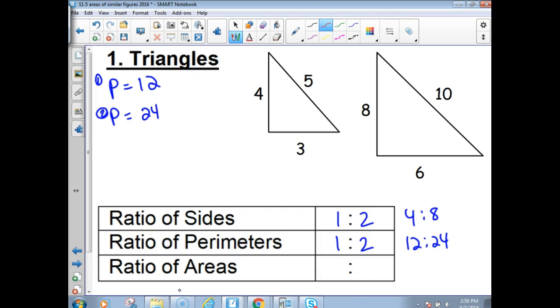Okay, next I want to talk about the ratio of the areas. So I'm going to find the area of the first one, and I'm going to find the area of the second one. Now, I'm going to remind you that the area of a triangle is base times height divided by 2. So the base is 3, the height is 4, so the area of this triangle is 3 times 4 divided by 2, and that's 12 divided by 2, which is 6 square units.